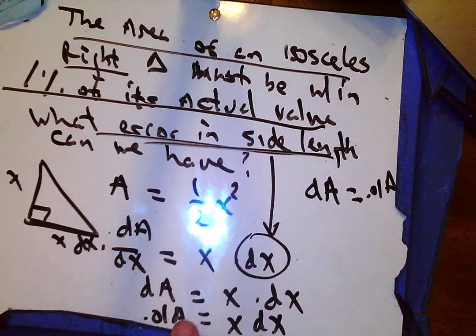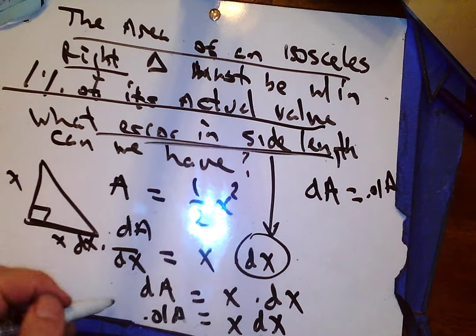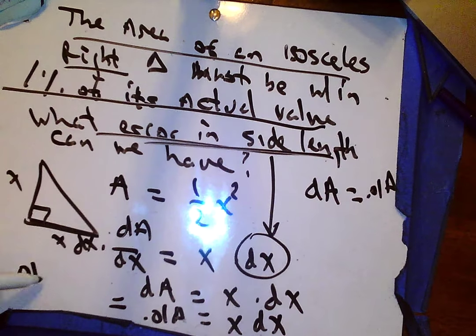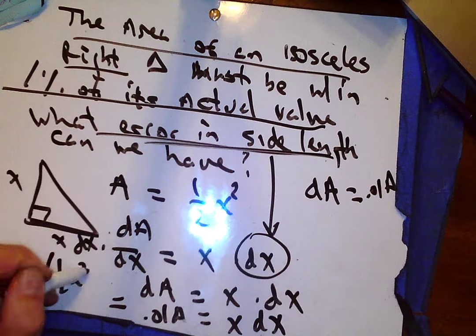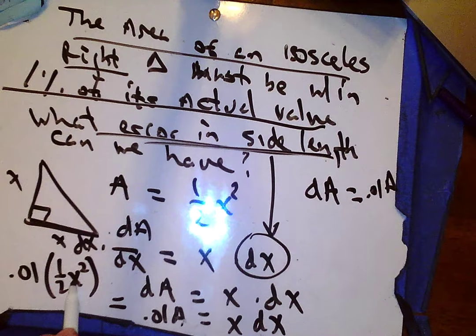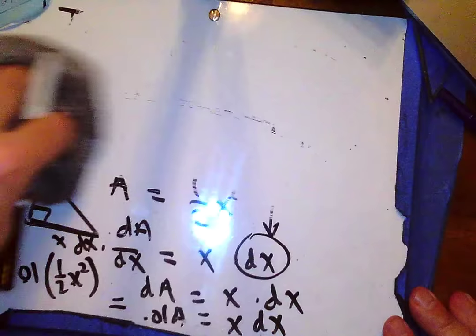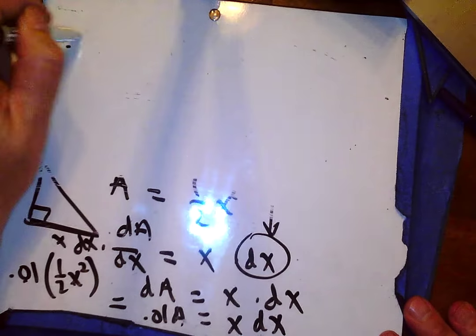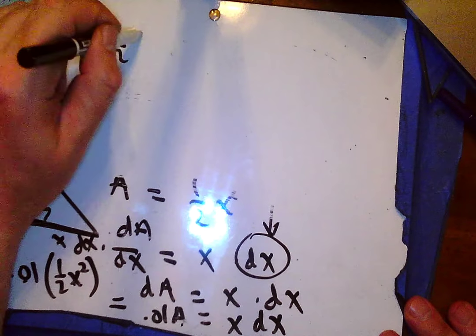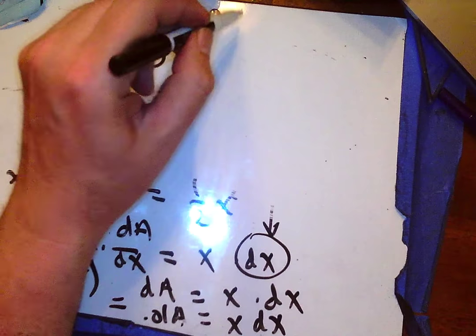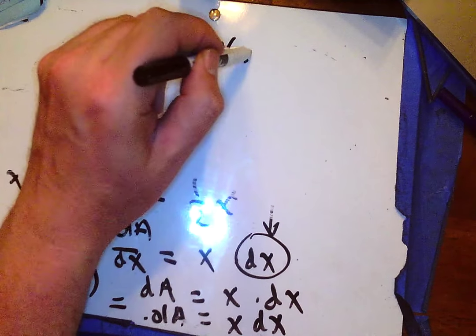A, I know what A is. That's A. So I can write this as 0.01 times 1/2 x squared, right? So let me clean off some space here and say that 0.01 times 1/2 x squared equals x dx.